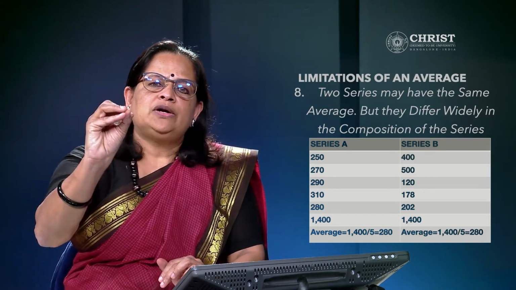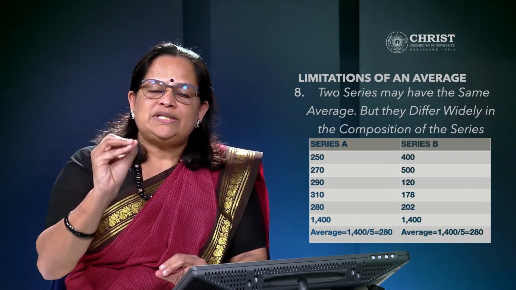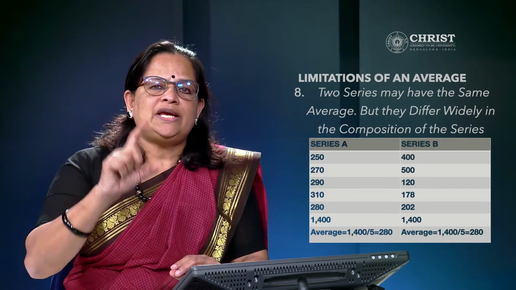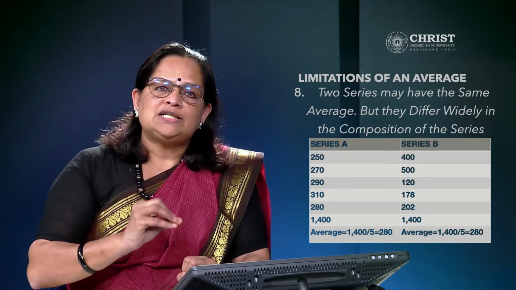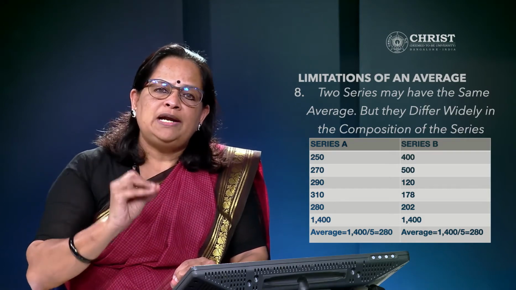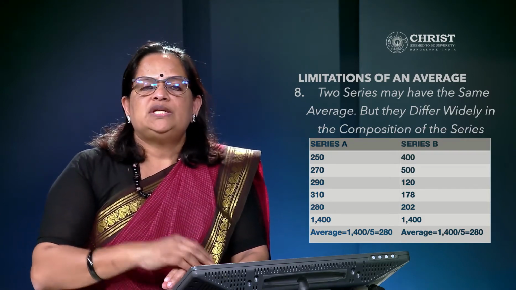Both series have 5 observations, so the average is 280 for both, but there is a lot of difference between series A and series B. So that is the last limitation: both series may have the same average, but they differ widely in the composition of the series. This is what I wanted to explain in this module. Thank you.